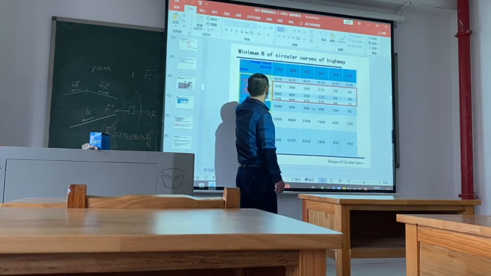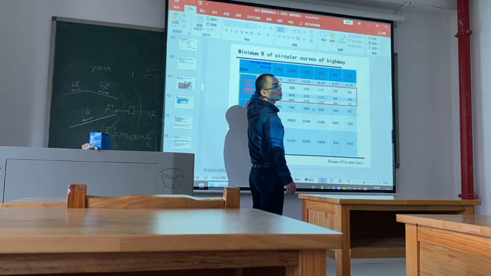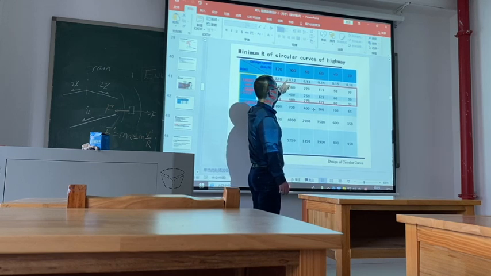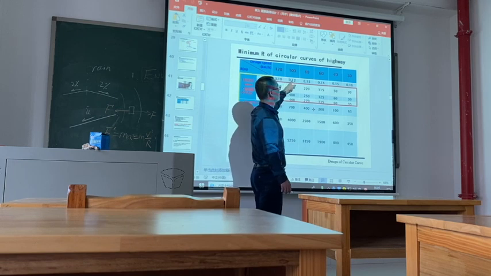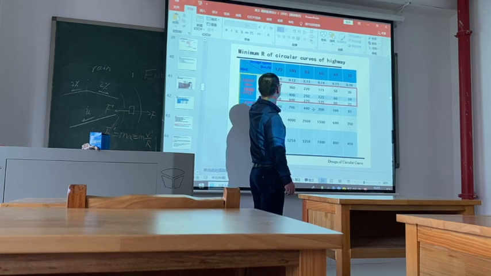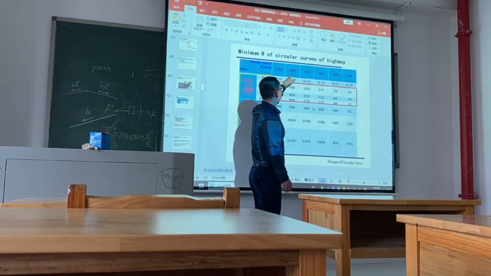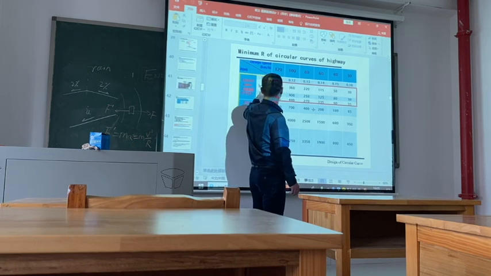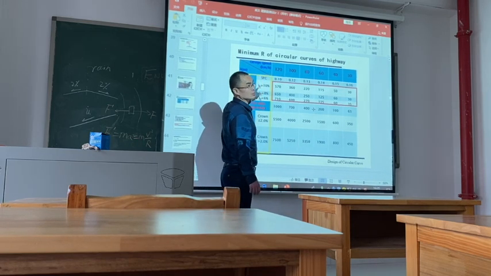When the design speed is 100 kilometers per hour, mu is 0.16, and we use this mu to calculate R. Use this design speed, this value of mu, and IH.